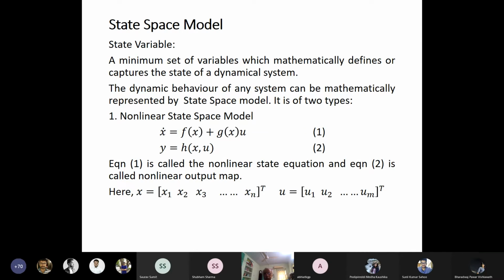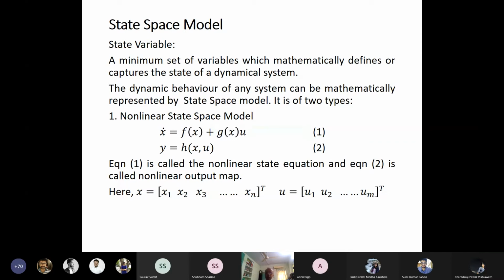Here x is a vector x1, x2, x3, up to xn if n state variables are involved. So x dot is dx by dt, that is dx1 by dt, dx2 by dt, to dxn by dt. And u is the input variable.